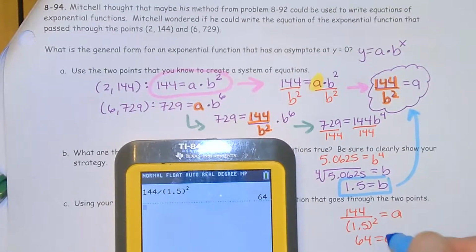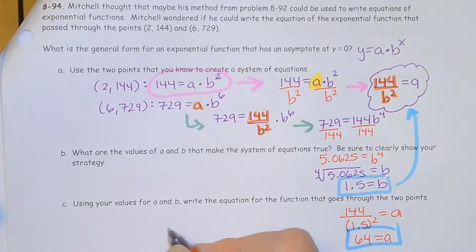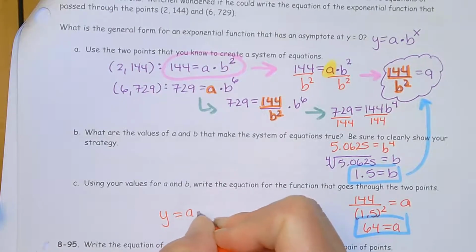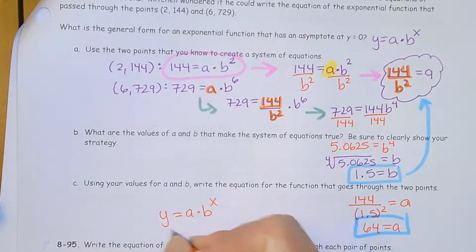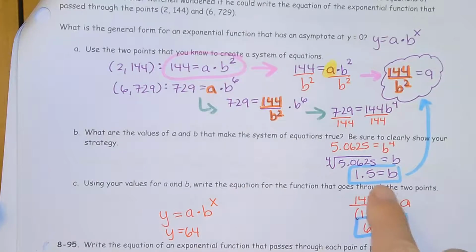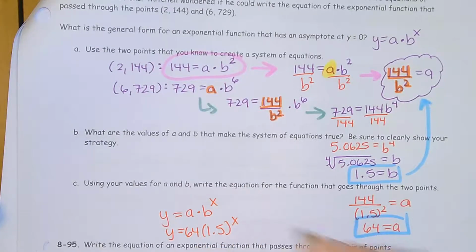So now that I have my A and my B, I can write my equation. So my equation is going to be y equal, again, A times B to the power x. So y equals my A, which is 64, times my B, which is 1.5, to the power x.